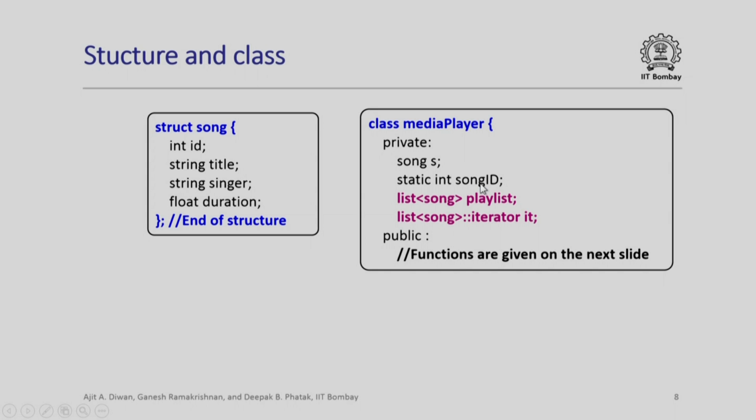Please note that the list that we are declaring, which is the playlist, uses song as the structure as a part of that list. The list consists of such structures. Similarly, for the list we also define an iterator IT. The functions which are public are given in the next slide.